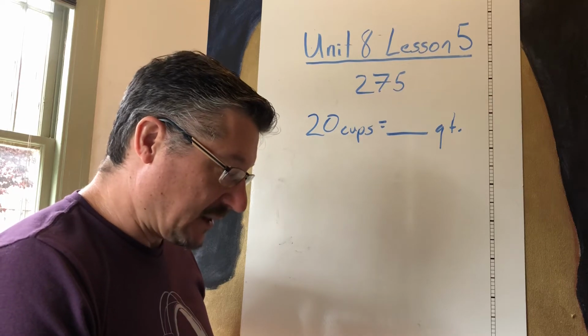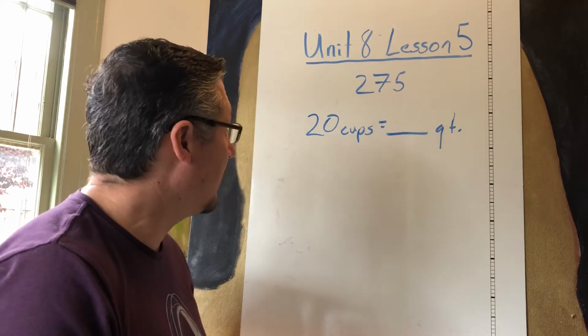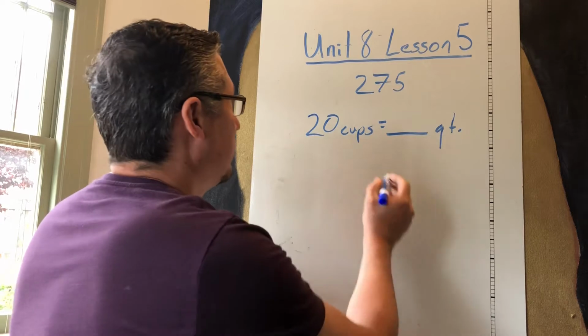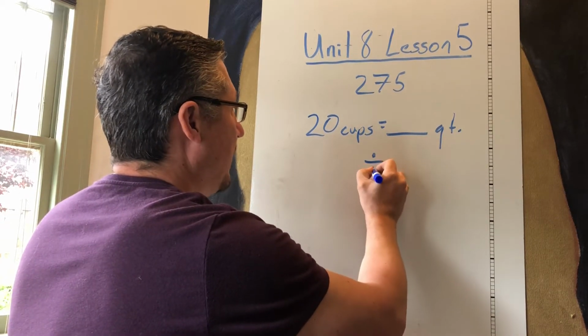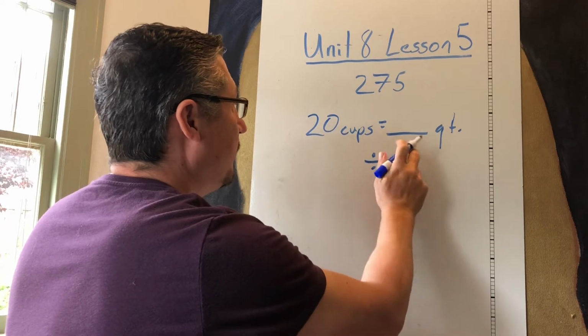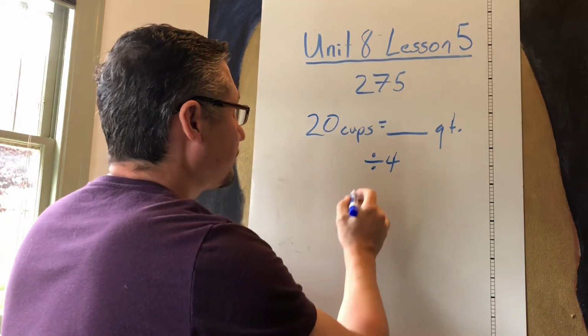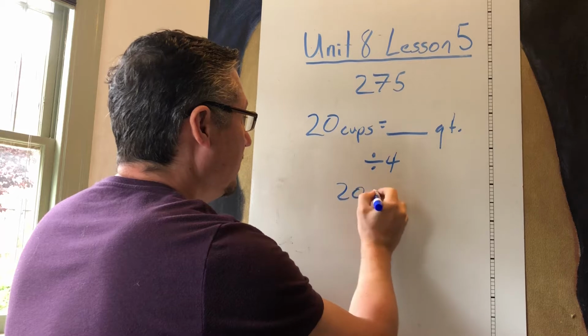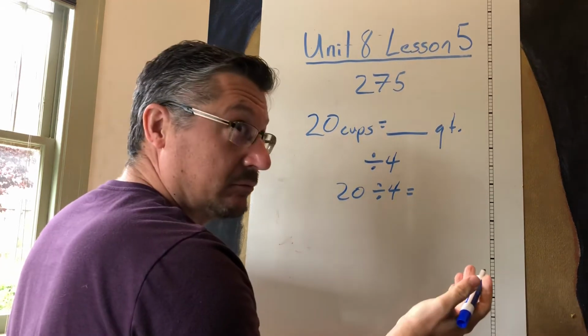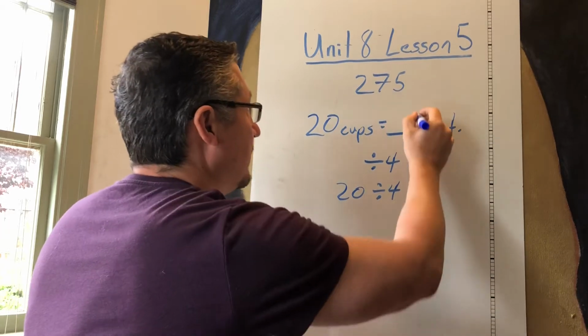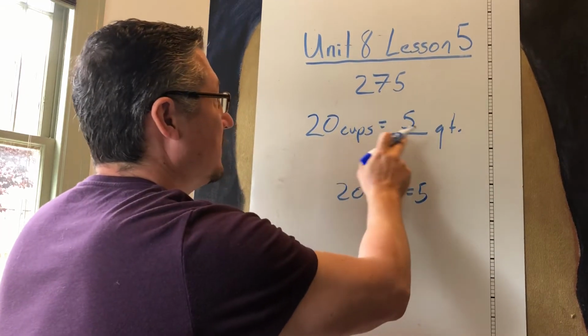Since I'm going from small to big, I'm going to divide by 4. So my problem is 20 divided by 4 equals 5. So 20 cups equals 5 quarts.